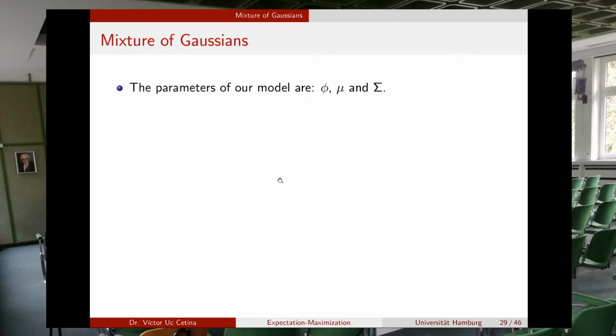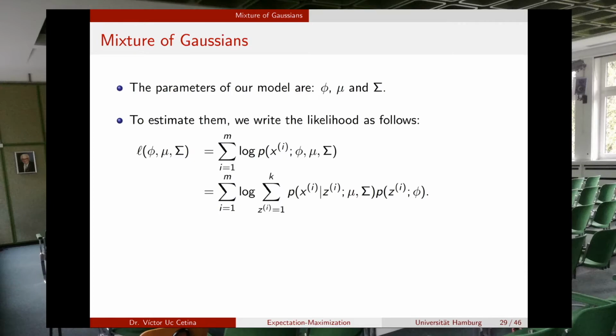In this case, the parameters of our model are phi, mu, and sigma. Phi is the probability for assigning the values of these different z's, and mu and sigma are parameters of the conditional probability modeled as Gaussians.